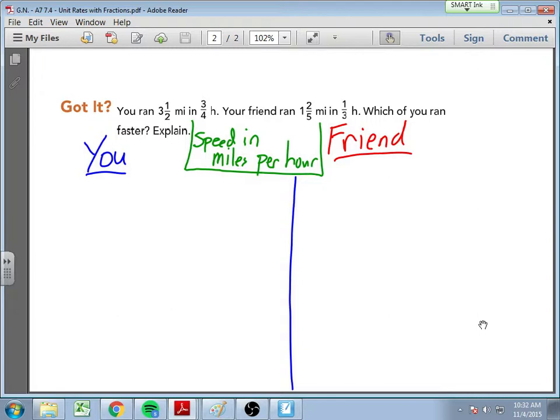Yeah, should be good. If you need help, please raise a hand. You guys are skipping steps, which is okay. Your friend ran 7/5, not 7/2. Careful.